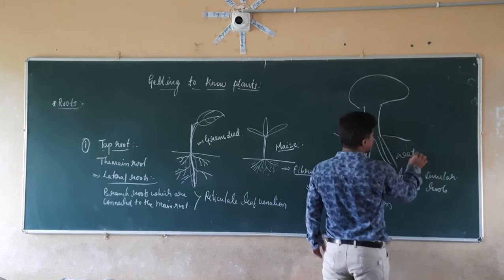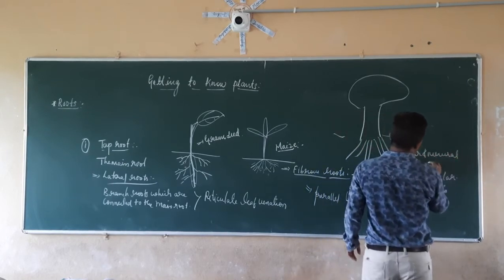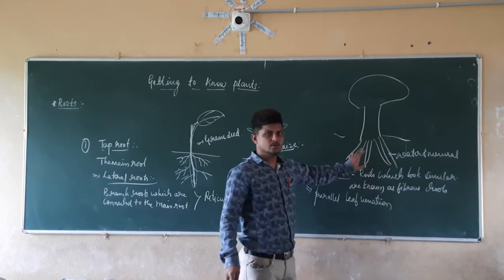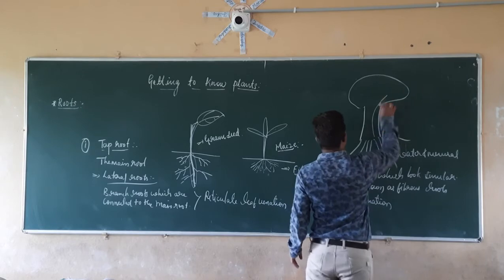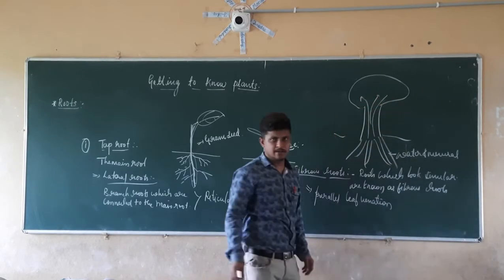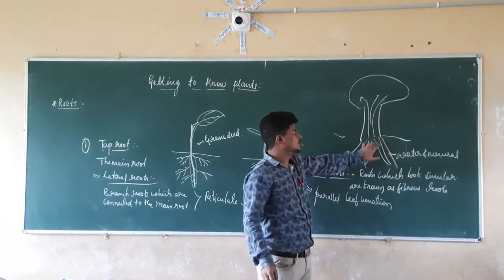Water and minerals from the soil are going to be absorbed by these roots and transported to the leaves via the stem. The stem transfers the water coming from the roots to the leaves.